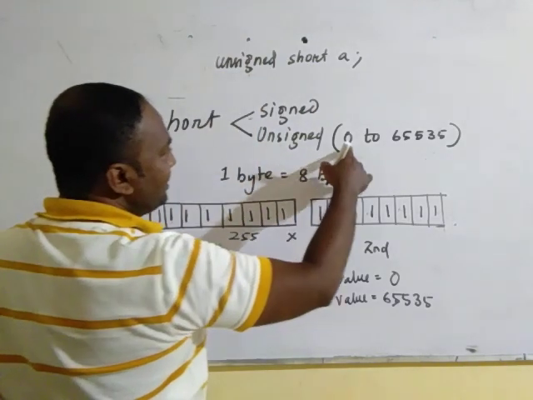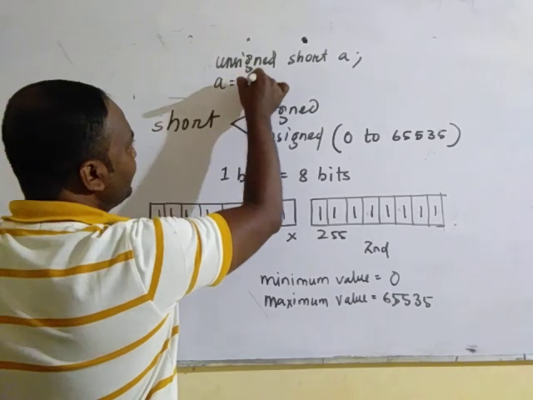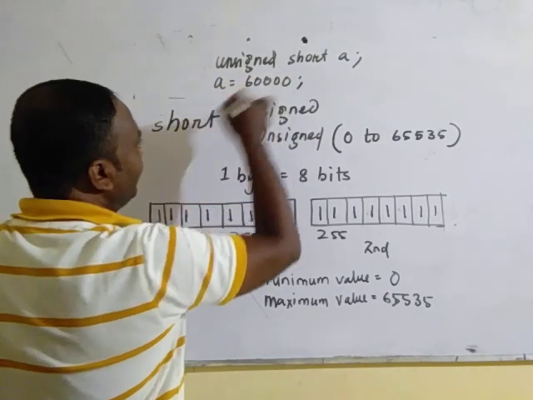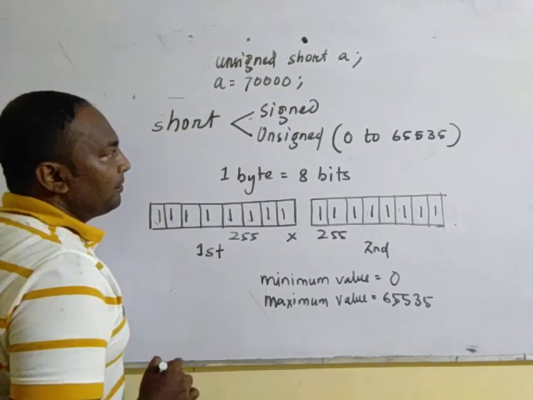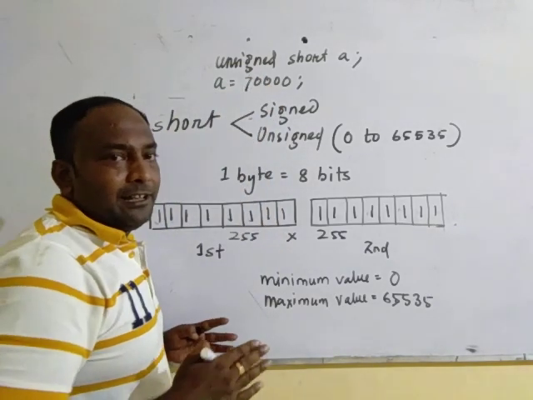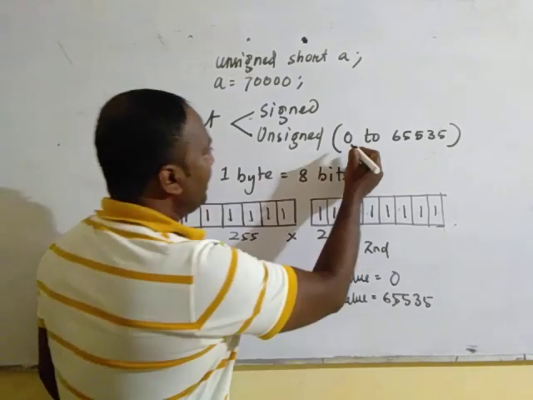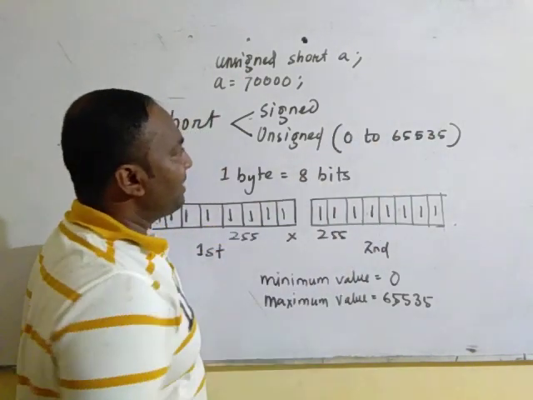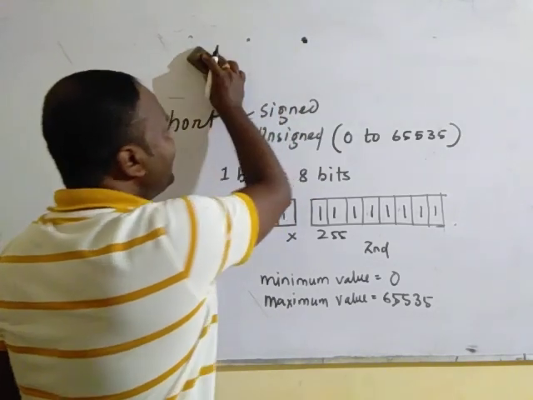So its range is 0 to 65,535, means A can store 60,000. If I make it 70,000, it will be wrong because its range is beyond 65,535. So it can store only values up to 65,535. Okay. So this is how the range can be calculated.